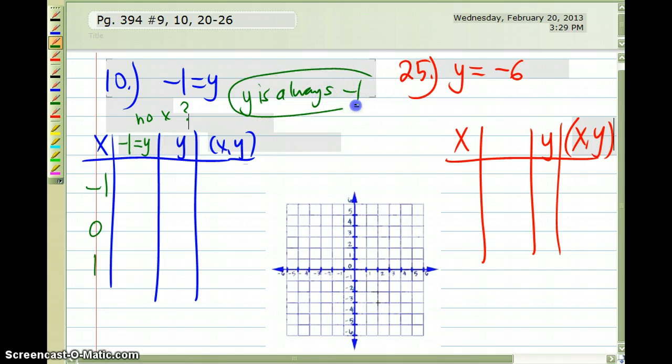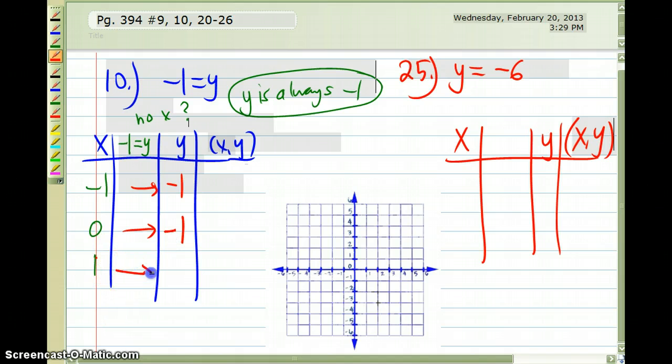Maybe think of y like your bank account: every time you look in it, it's always negative 1. No matter if it's today, tomorrow, 5 days later, 20 days later, 3 years later, it's always going to be negative 1. So what that means is no matter what x's you picked, the outcome for your y will automatically be negative 1. 0 will automatically give you the outcome of negative 1.